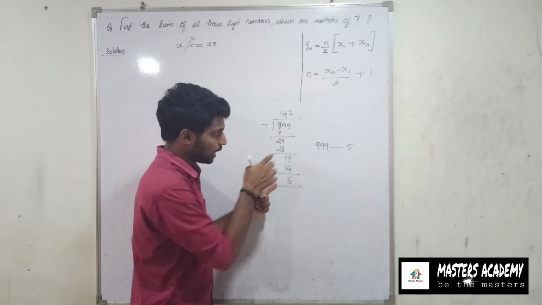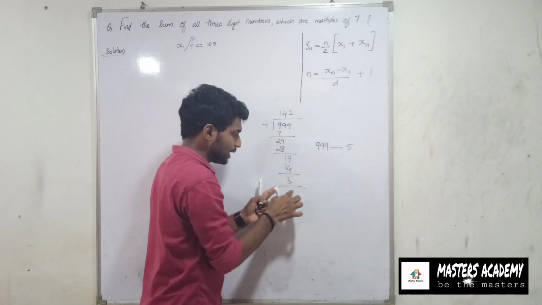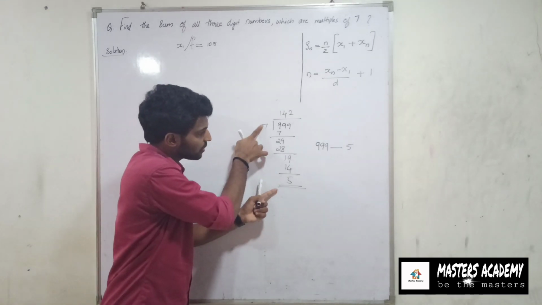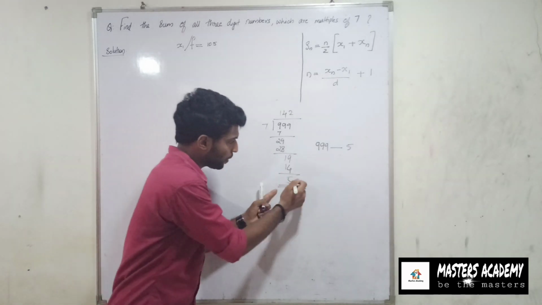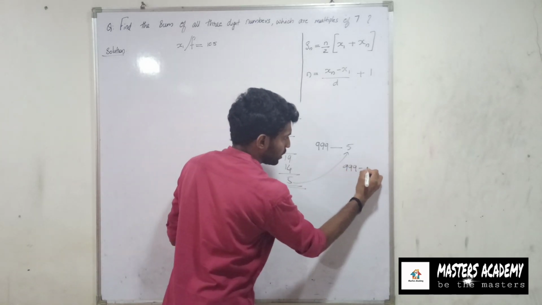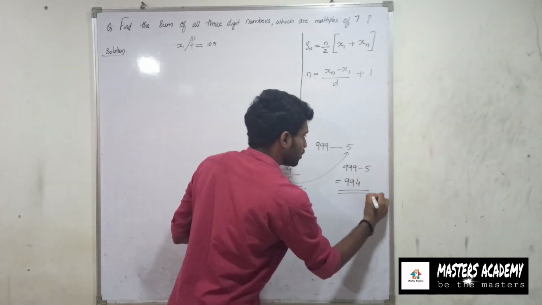I repeat. First write 999, since the last 3-digit number is 999, then write the minus symbol, then directly copy this remainder. No need to subtract 5 from 7. Copy 5 here. Understood? So 999 minus 5 gives us 994.